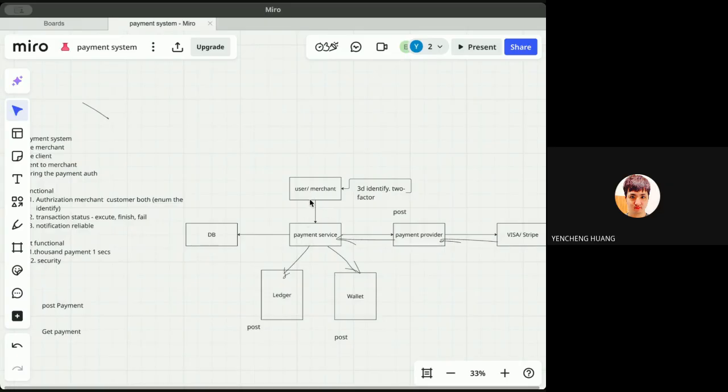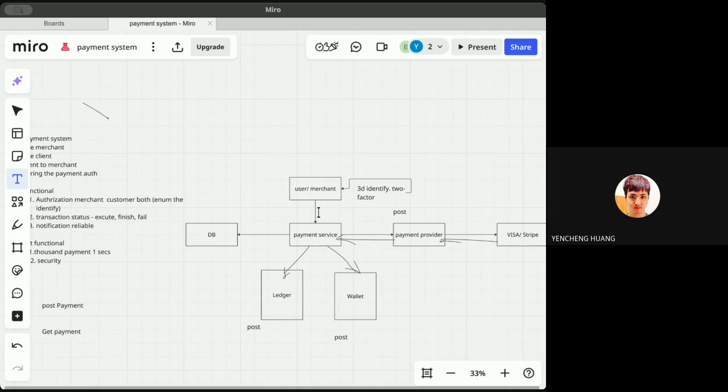So data flow. You mean so yeah, do you finish your diagram, or do you need to design anything else for this diagram?